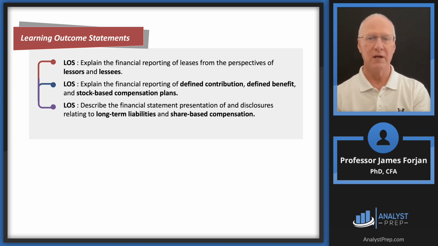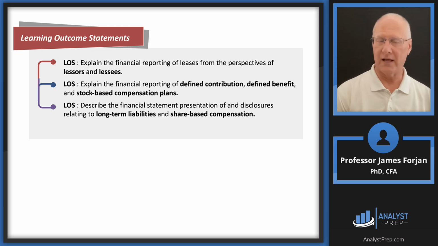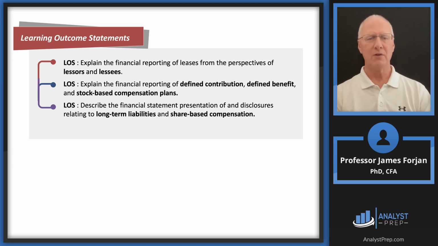So you see defined contribution, defined benefit. And then the last third is focused on compensation that's other than regular old salary stuff. So it looks a little bit like LOS 2 and 3 overlap, but they're probably not, given the difference between the definitions that I just gave you.